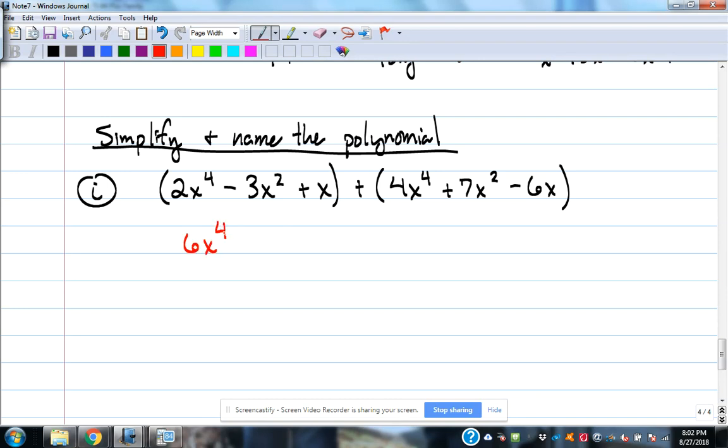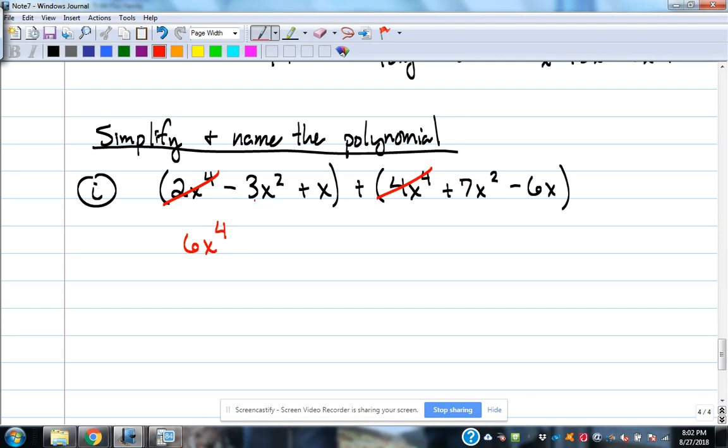And then the exponents don't change when you add or subtract. Exponents only change if you're multiplying or dividing. Okay. And we're not going to be doing that too much today. Actually, very little. Okay. So those are done.